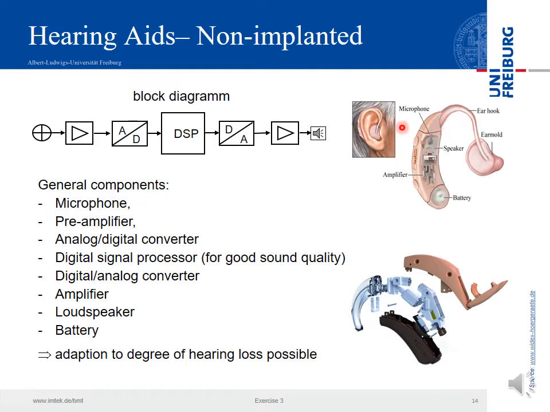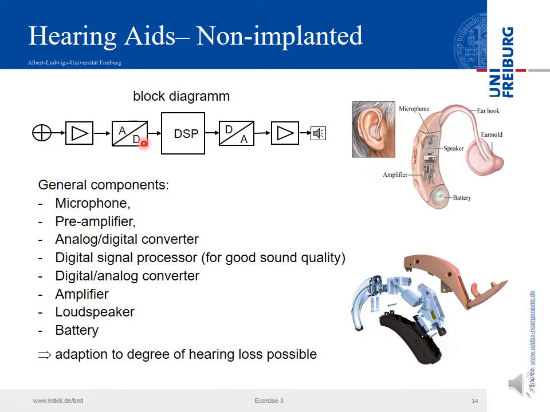That's shown here in a block diagram. So we have amplifiers. From the microphone we have an analog-to-digital conversion, a digital signal processor, and at the output a digital-to-analog converter and another amplifier to drive the loudspeaker here.